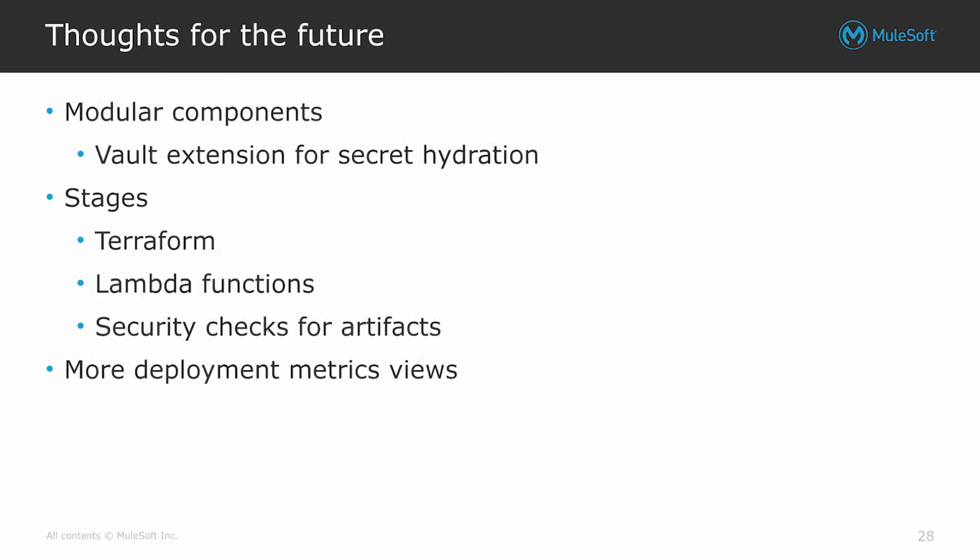We wanted a few things that we've been thinking about. Modular components such as a Vault extension would be really nice to hydrate secrets, if they can solve it not rendering in the UI. Some stages, we mentioned Terraform, and I know that's being worked on, as well as Lambda functions. Also, one thing that we were really hoping for, and our compliance team too, is a security check for artifacts.